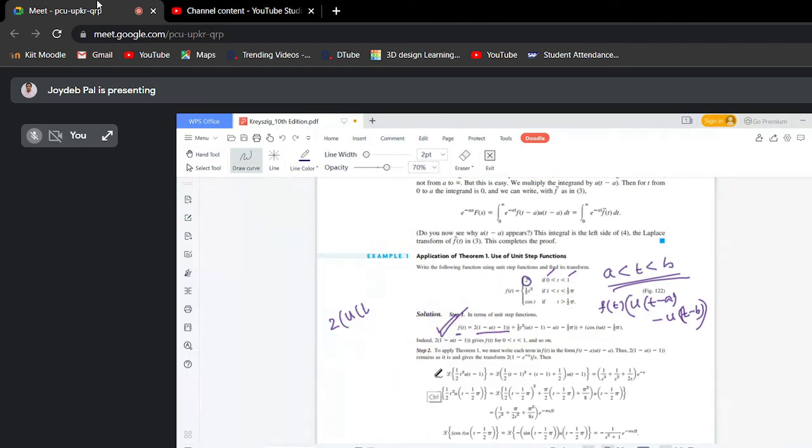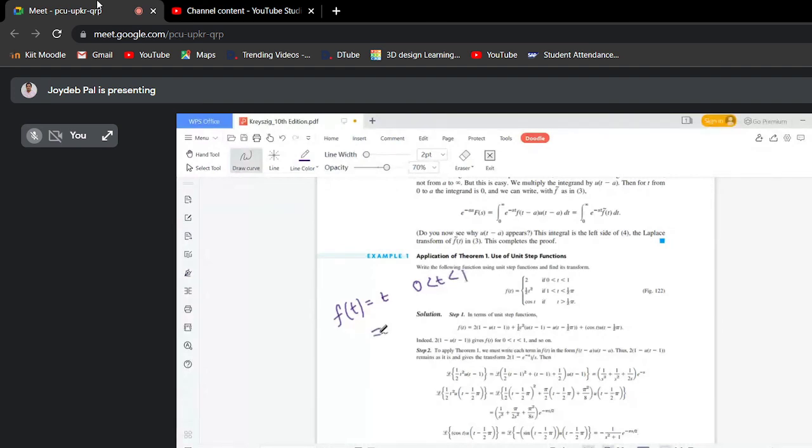Now I am asking you, you can tell me: if f(t) is equal to t whenever it is 0 to 1, and e to the power t whenever t is greater than 1, can you express it in terms of the Heaviside function?